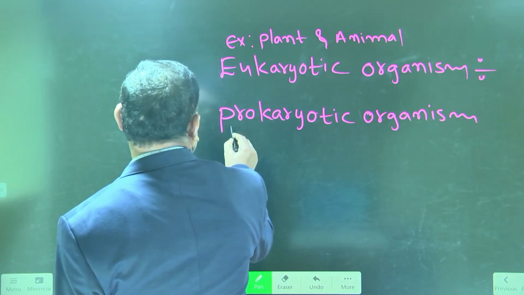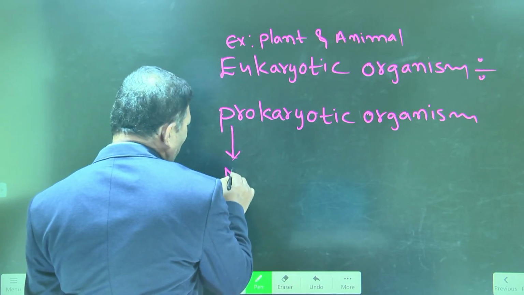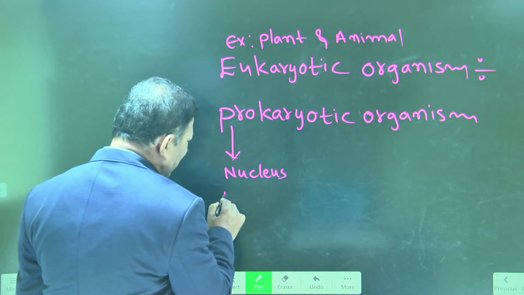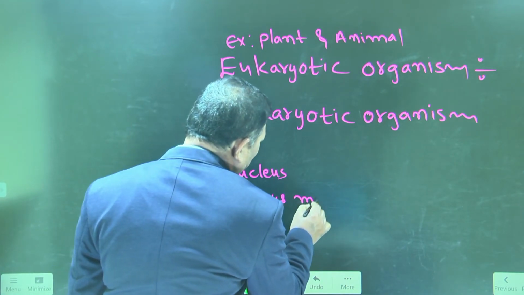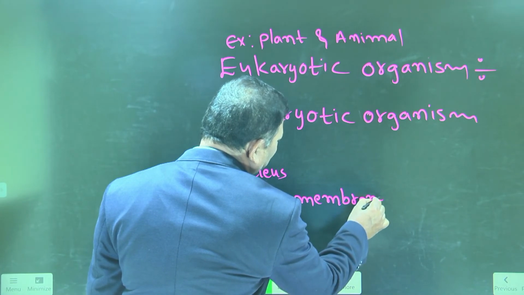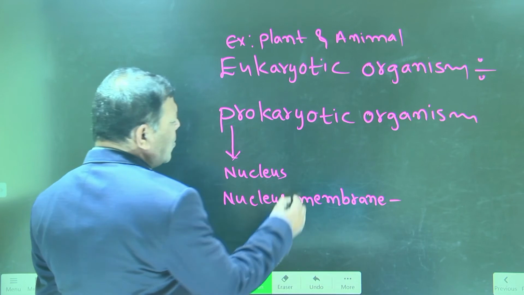What is prokaryotic? The nucleus is present and the nuclear membrane is absent. That is called a prokaryotic organism.